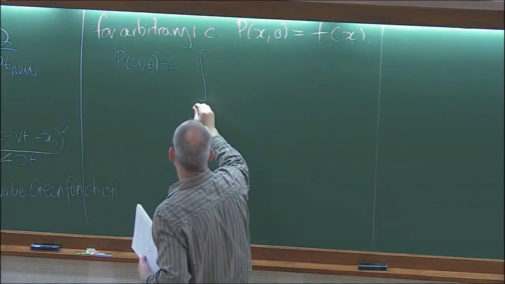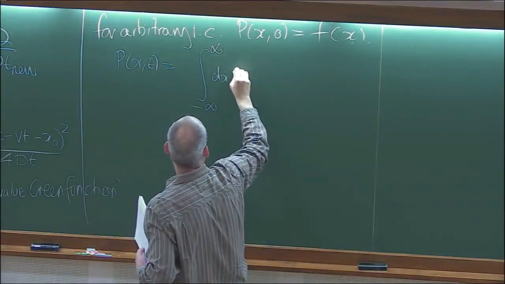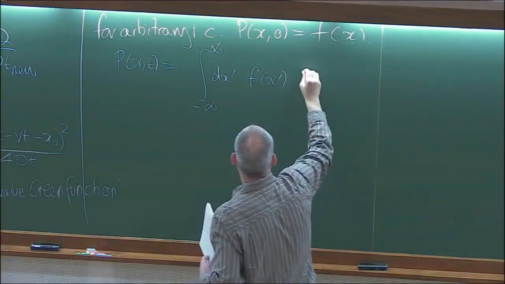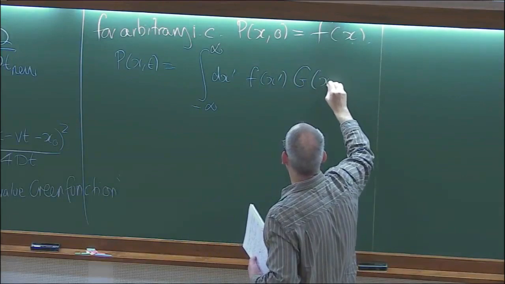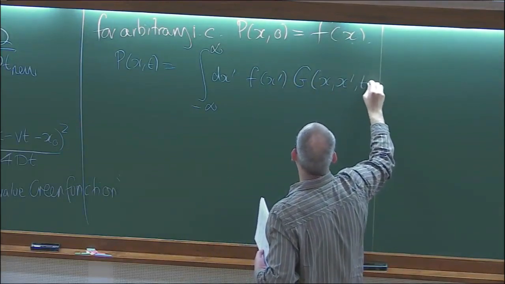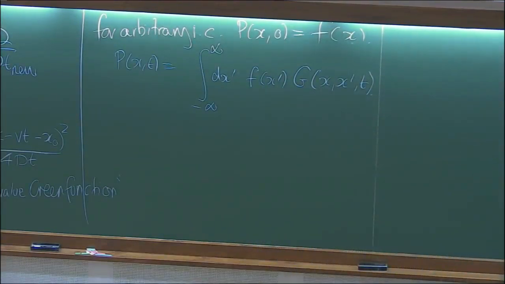I integrate over all x primed, with f of x primed and G of x given x primed in time t. And that will be my solution. So the Green function allows me to compute that for any initial condition. That's why it's a nice thing.